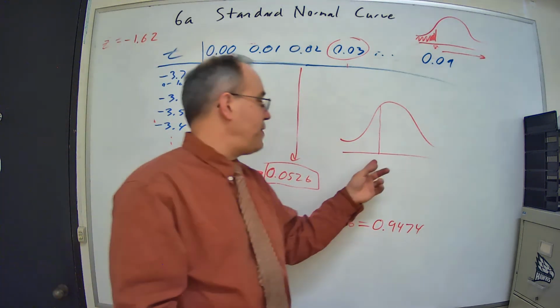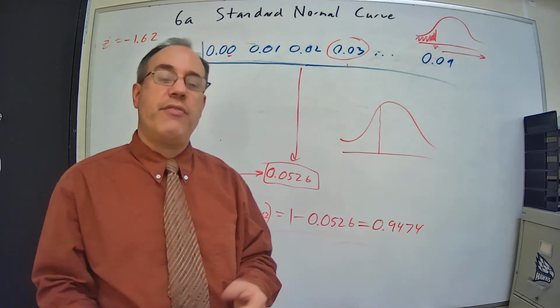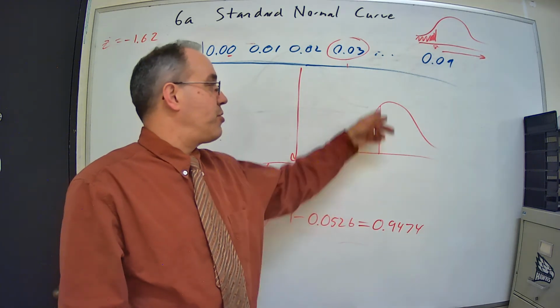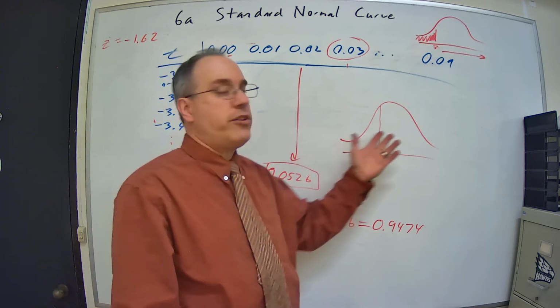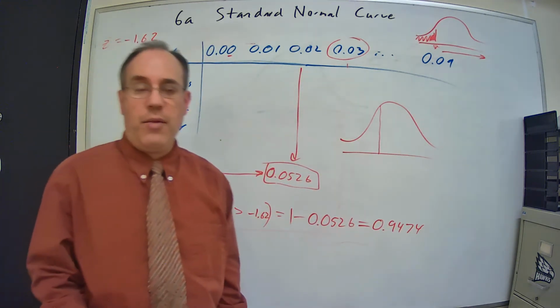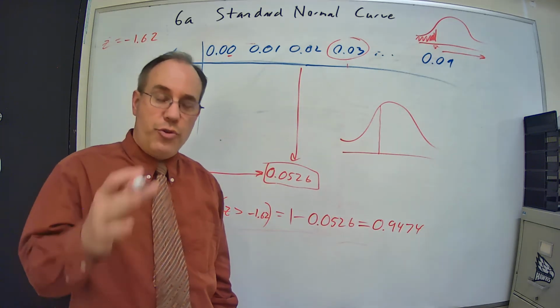If it's an exact value, it's going to have no width. It's just going to be the line. And what's the area of a line? Well, if it has no width, that's 0 times the height. Any number times 0 is 0. So you find no area. So we can't use this table to find the probability that something is going to be equal to a value.